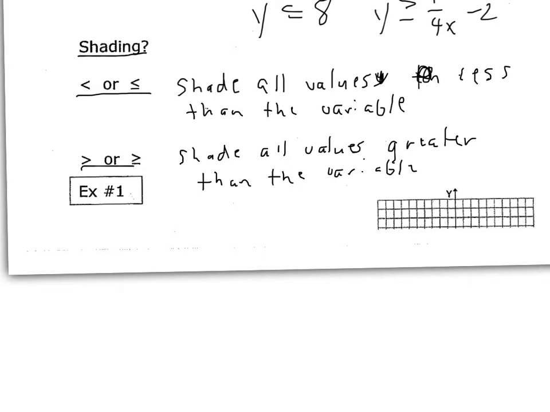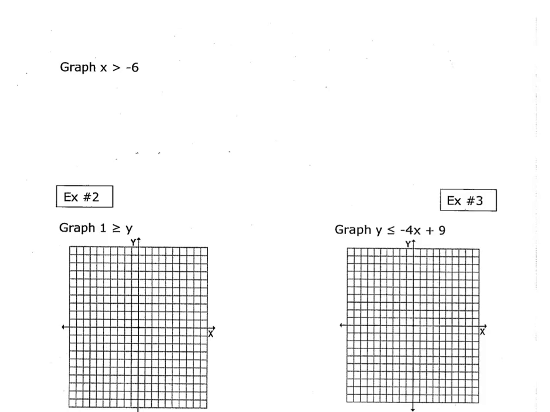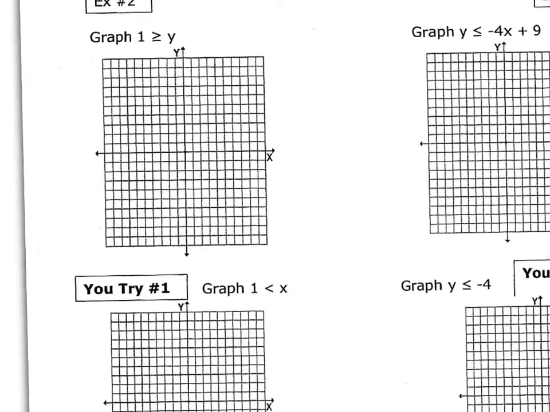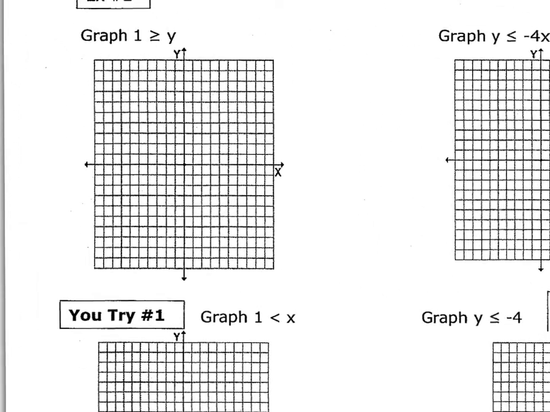Let's go ahead and try some examples, and we'll see what I'm talking about. Our first example is 1 is greater than or equal to y. Let's rewrite that since that's not proper. Remember, we want our y up front and our 1 in the back.